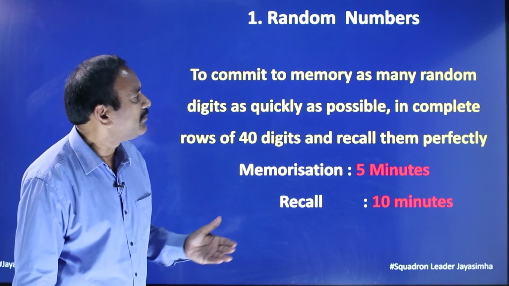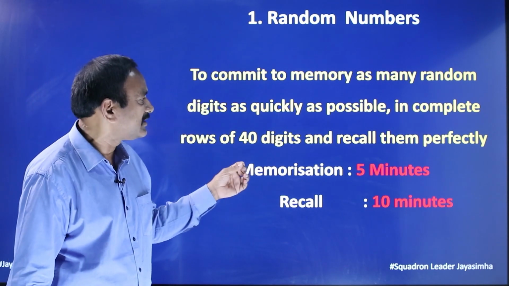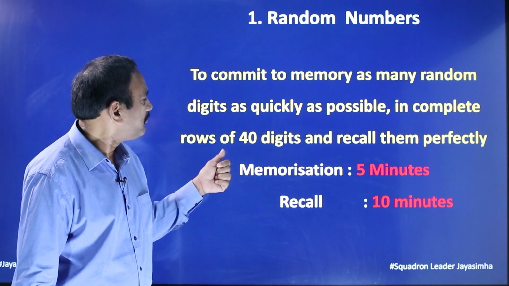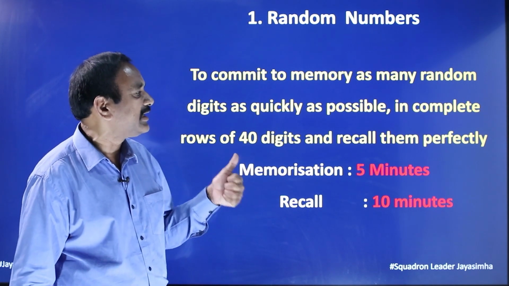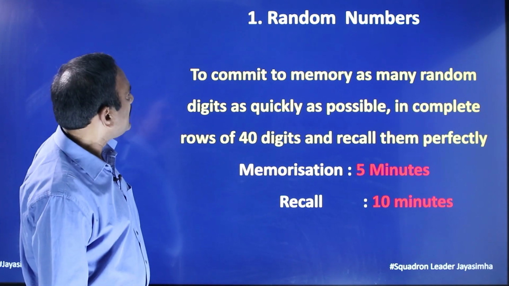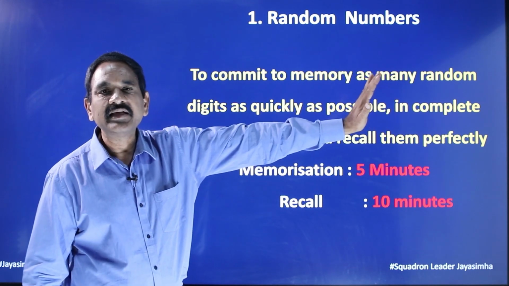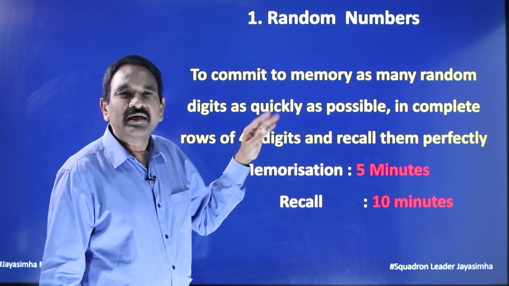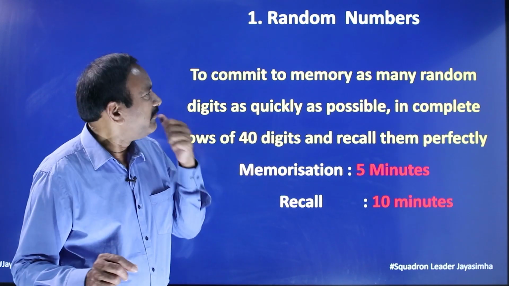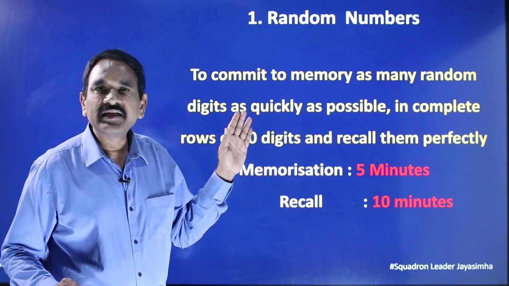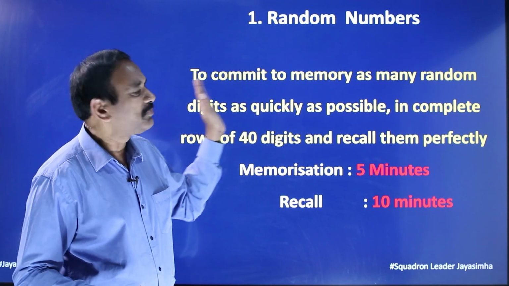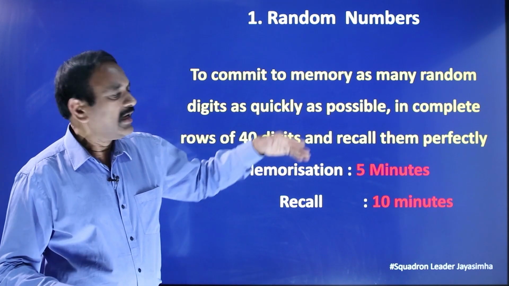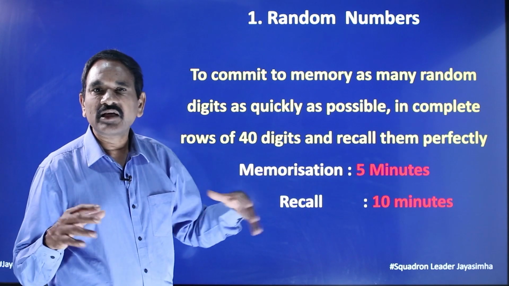The task is to commit to memory as many random digits as quickly as possible in complete rows of 40 digits and recall them perfectly. So the numbers will be in a row, 40 digits in one row, and then you have to recall them. When you log in and this discipline happens, 40 numbers per row will be displayed on the screen, and you will get 5 minutes to remember.